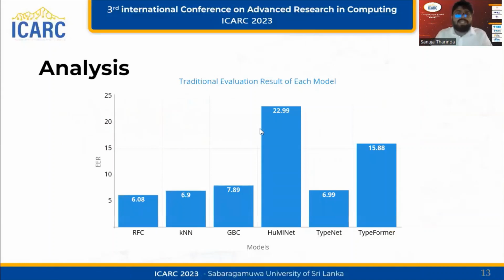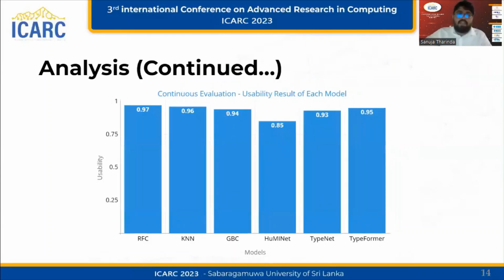Now let's take a look at the analysis we can get from the results obtained. This slide includes the results of all 6 models with respect to EER. As you can see, RFC model has achieved the best results. KNN and TypeNet have also achieved close results. Now let's look at usability results.